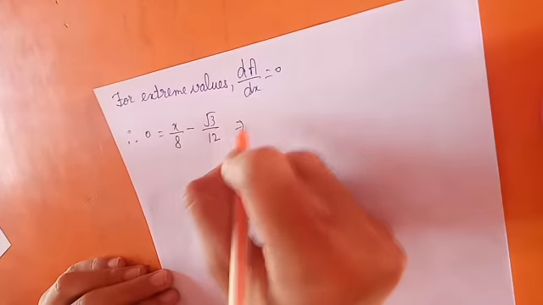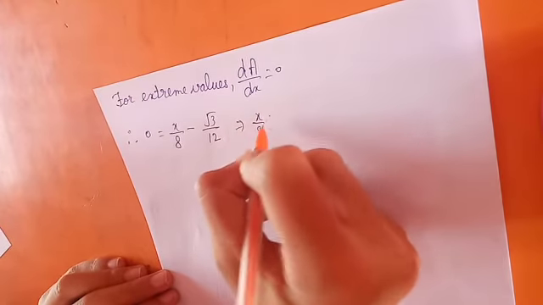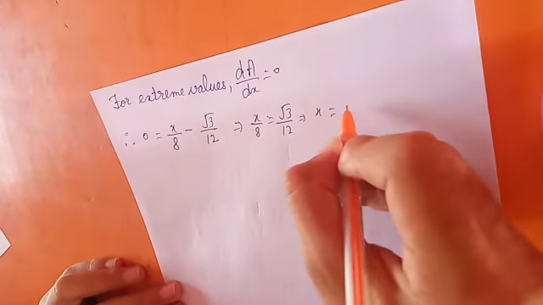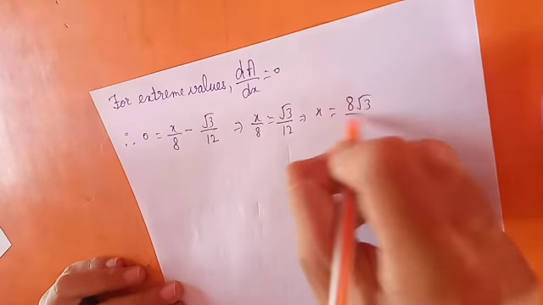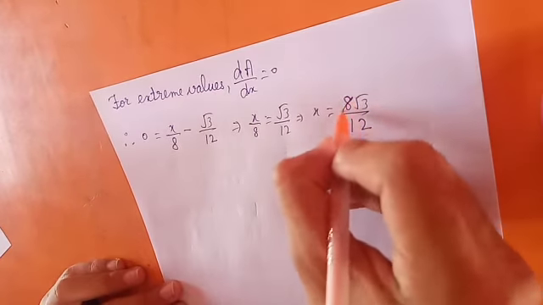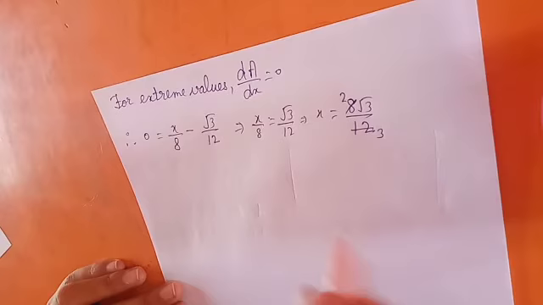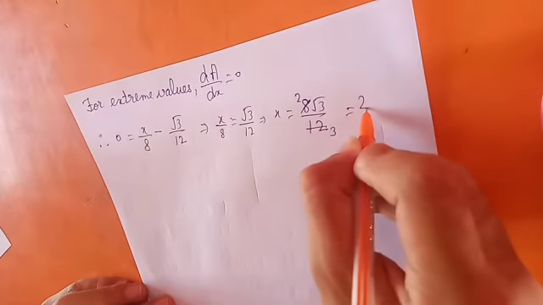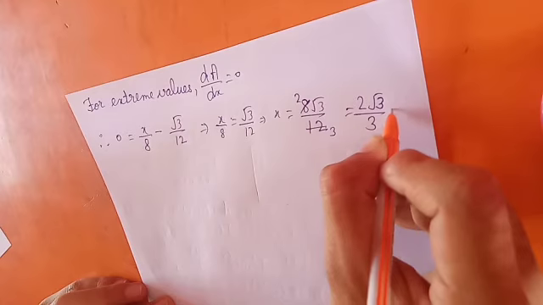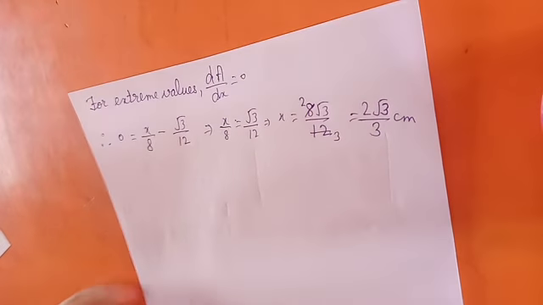So from here I get x by 8 equal to root 3 by 12, and x equal to 8 root 3 by 12. So that is 2 root 3 by 3 centimeters. It is the value of x.